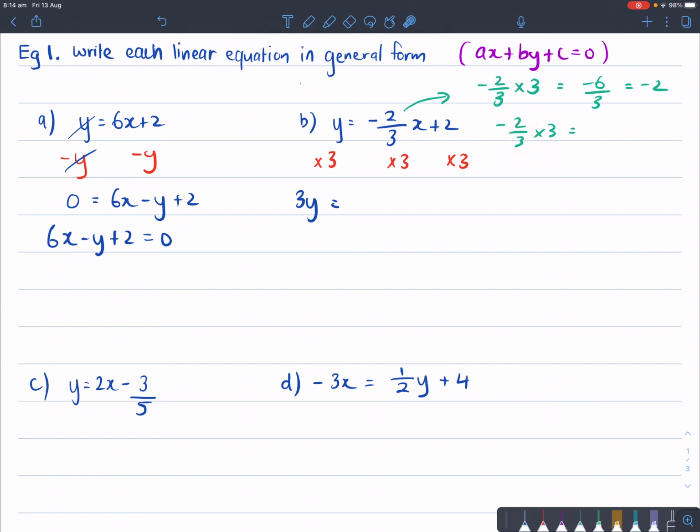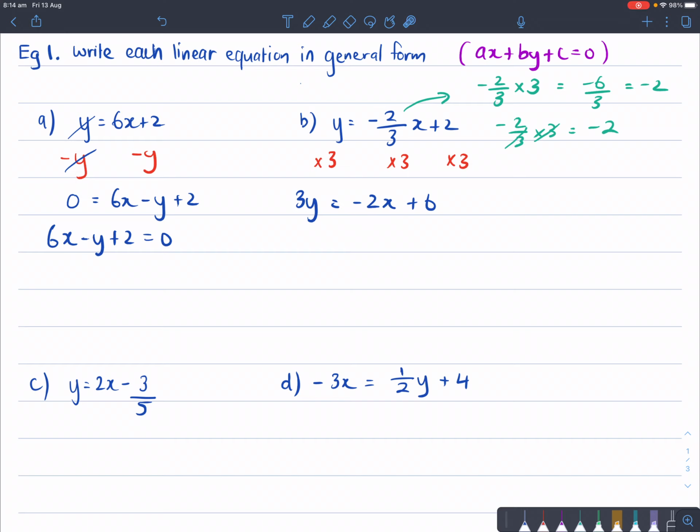When you divide something by 3 and multiply by 3, they cancel each other because they are inverse operations. That leaves you with negative 2. So by multiplying any fraction by its denominator, in this case 3, we get rid of that denominator, which is excellent. So we're going to have negative 2x followed by a positive 2 times 3, which is simply 6.